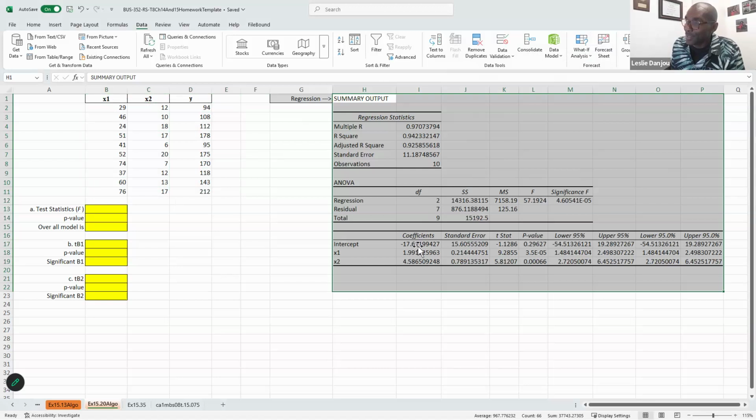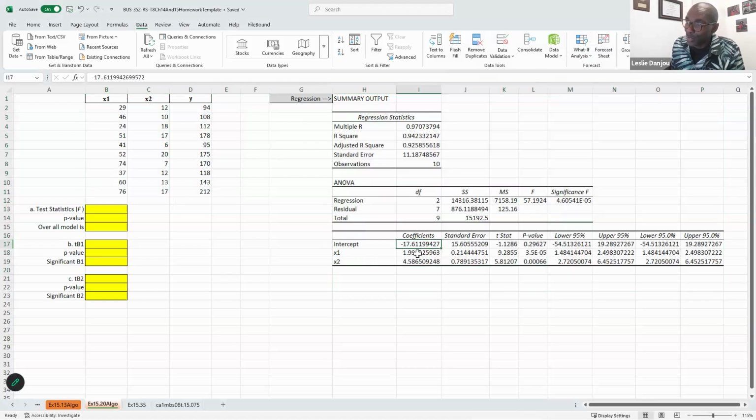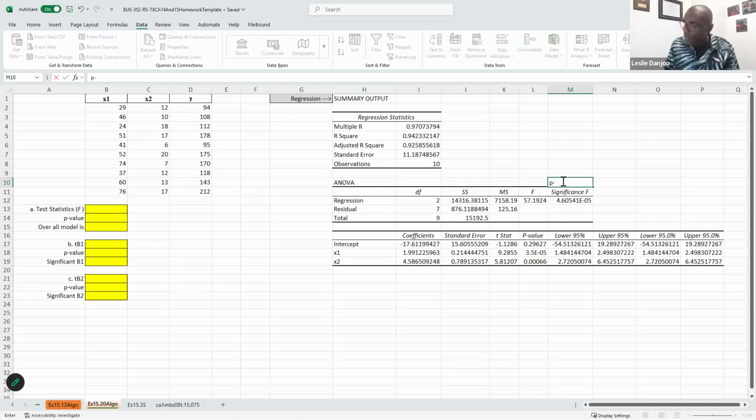What we're going to see here is your B0. Here is your B1. Here is your B2. Right here is your overall p-value. How do these independent variables affect the end result?